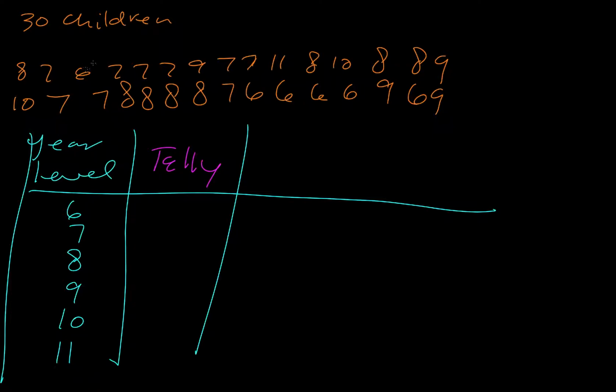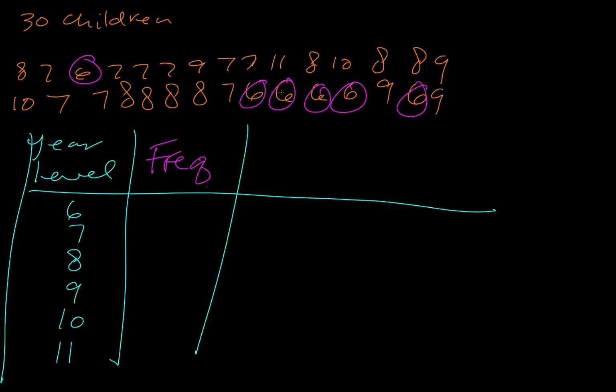And so if we count the 6s, 1, 2, 3, 4, 5, 6. Actually, I don't like the idea of the tally. Your book does the tally, but I think we can just count it and jump right to the frequency. I think it's a little redundant. So we're going to do the frequency.